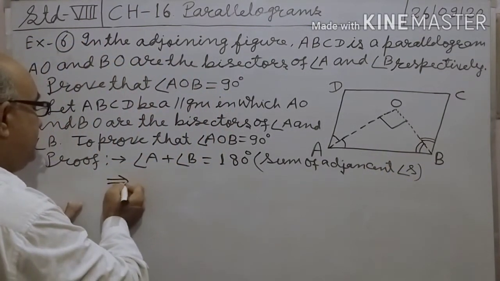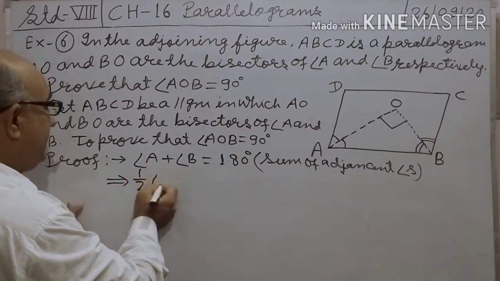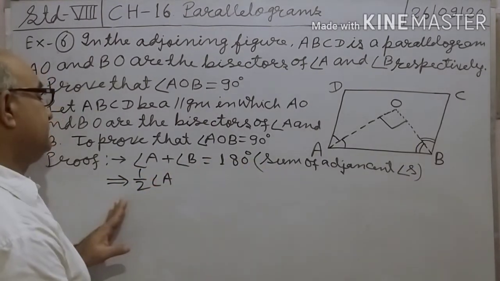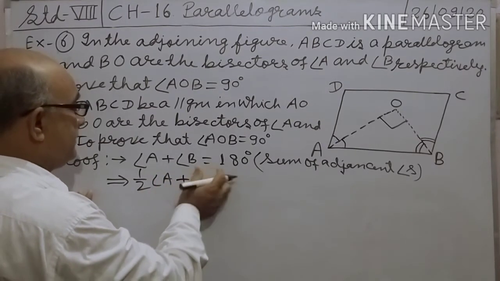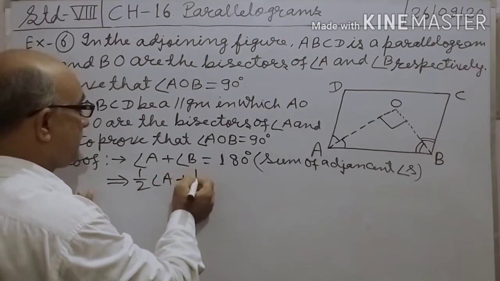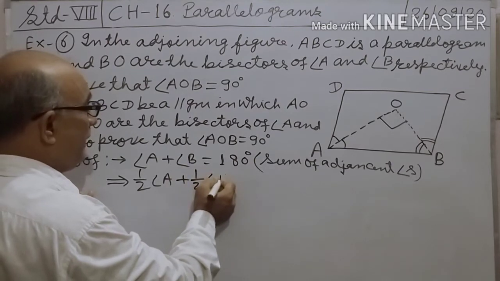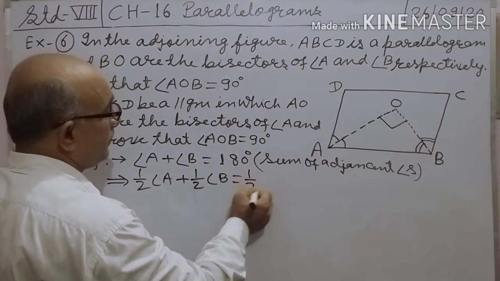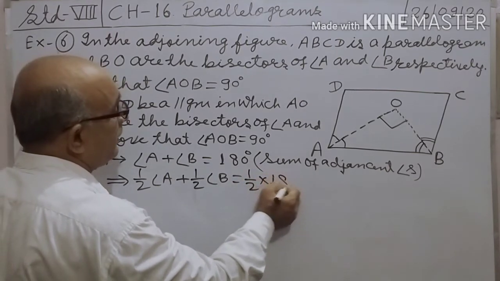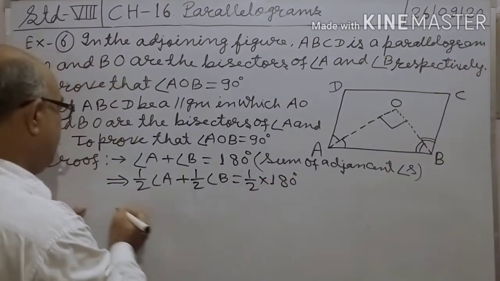That implies half angle A plus half angle B equal to half of 180 degree.